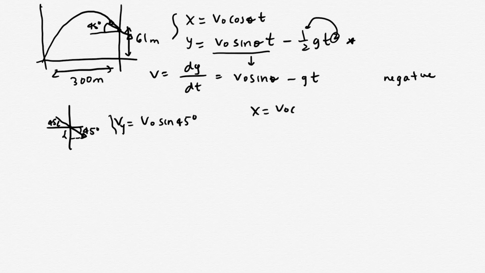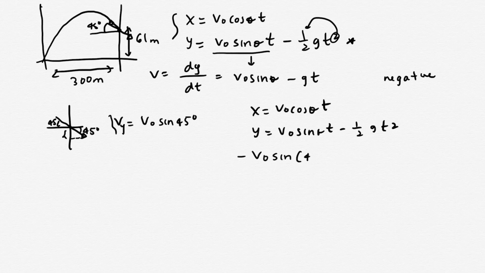x equals v cosine of theta t, this one that was given by the problem, and also this one: minus v sine 45 degrees equals v0 sine of theta minus gt.